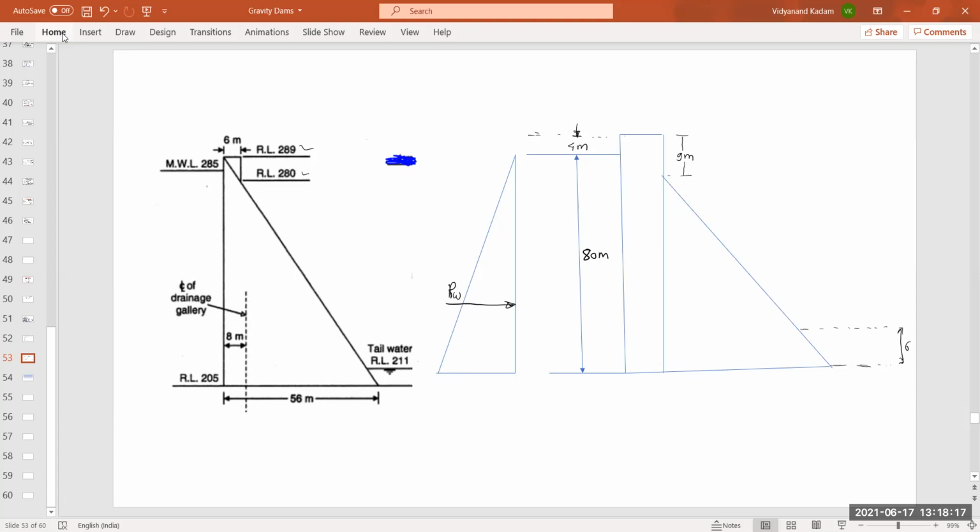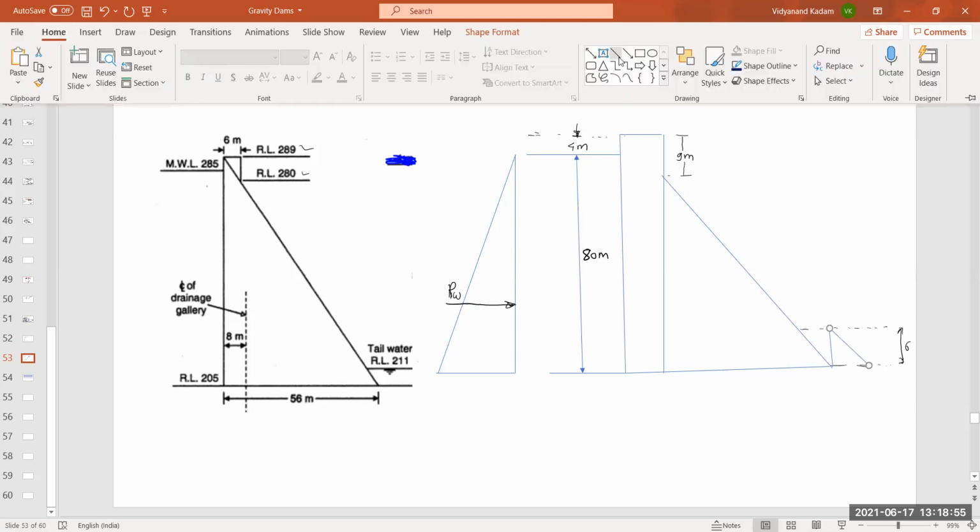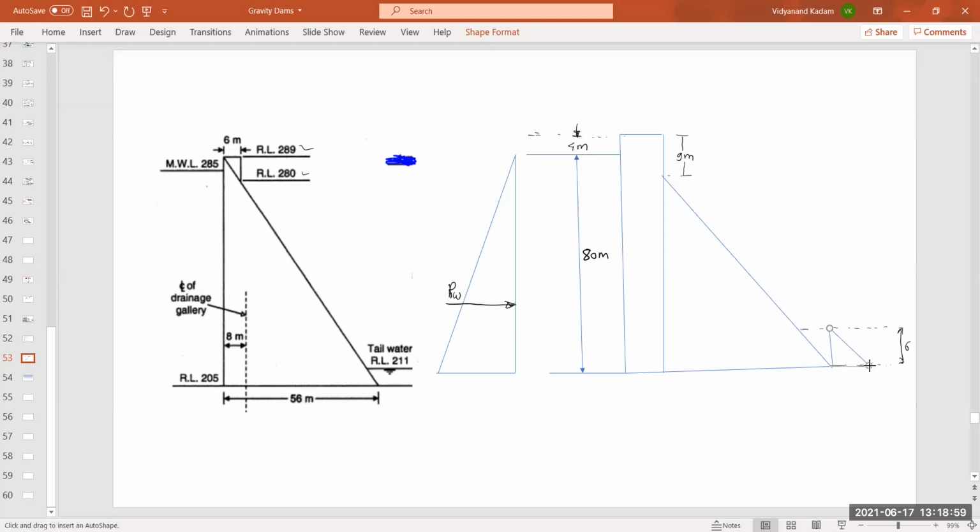Similarly, we can show the distribution diagram for tailwater. So this is the tailwater pressure.